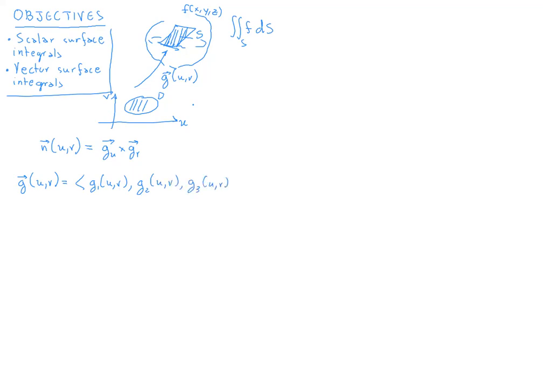And when we say, for example, that we want to take G sub U, what we really mean is that we want to take the partial derivatives of all the different components. And then we do that with V. The 2 vectors that we get are tangent to the surface, and when you get their cross product, that becomes normal to the surface.